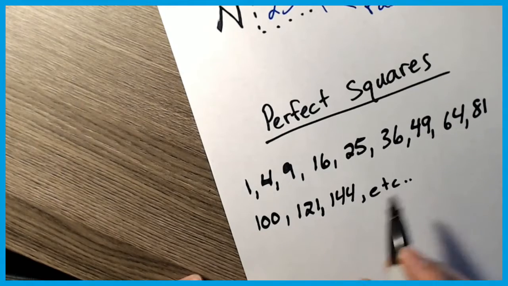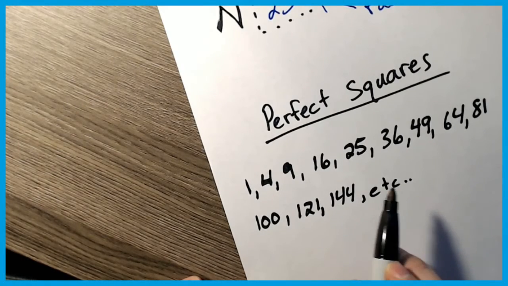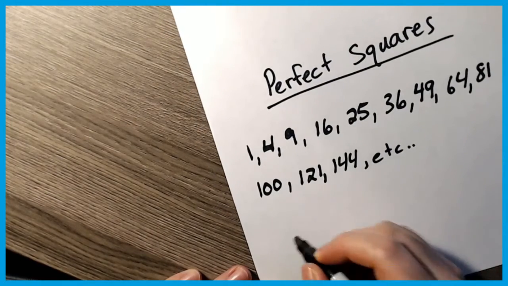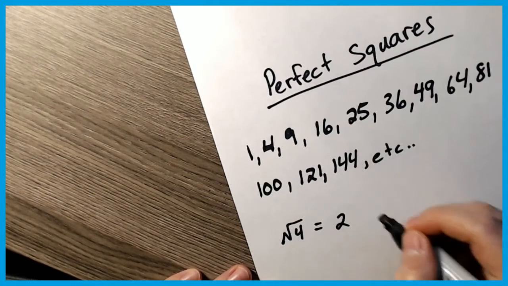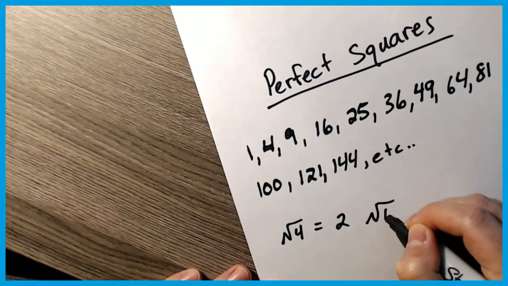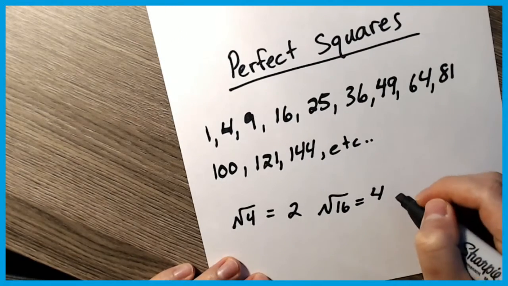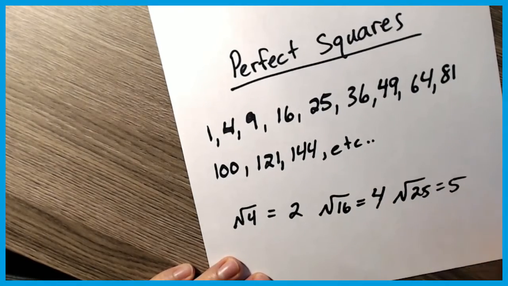The reason why those are perfect squares is because if you take the square root of one of them, you get a natural number. So what I mean by that is, the square root of 4 is 2. The square root of 16 is 4. The square root of 25 is 5.